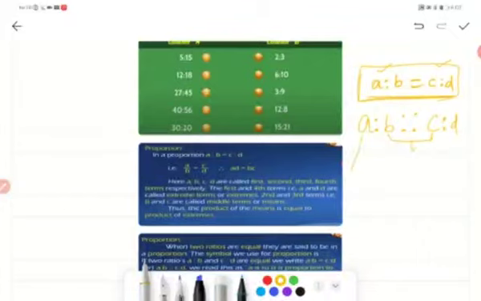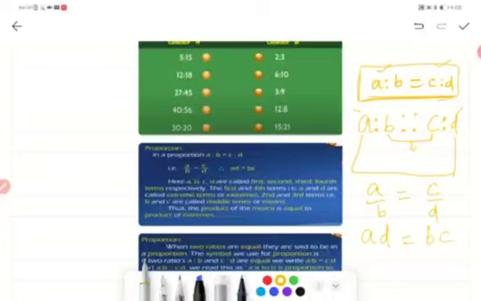The terms which are outside are called extreme terms. I can write A is to B as A by B equal to C by D, C is to D. Now when you cross multiply this, AD will be equal to BC.